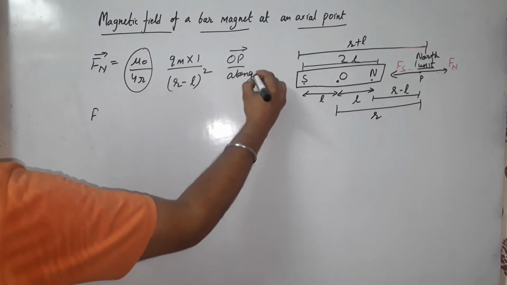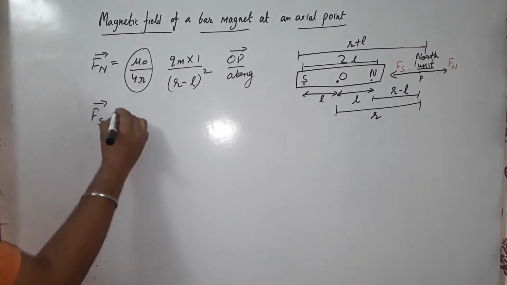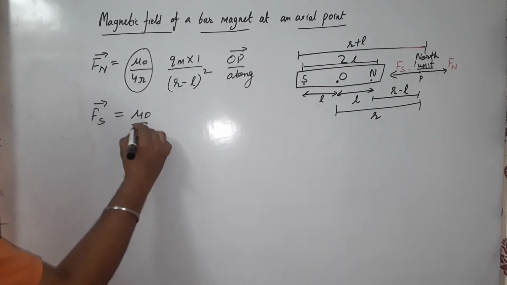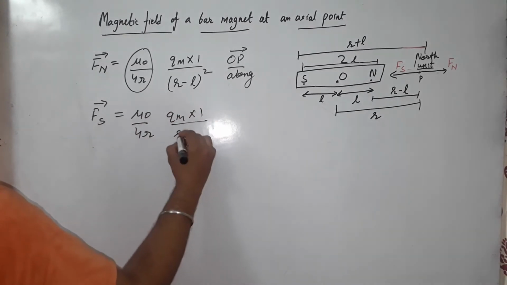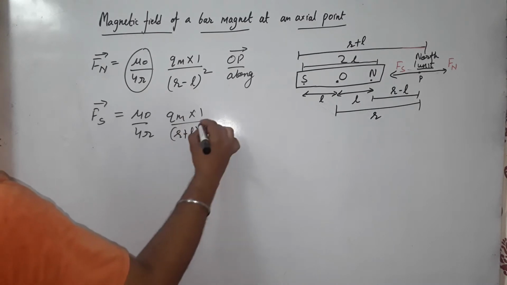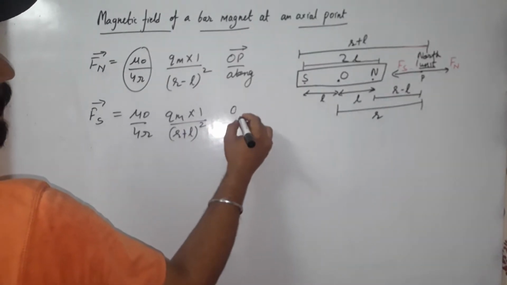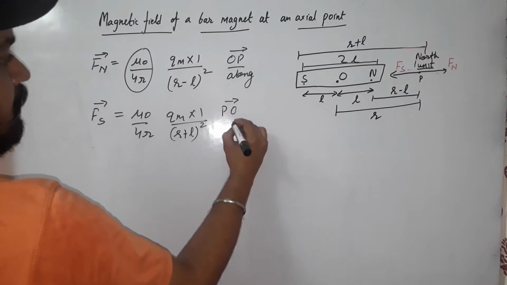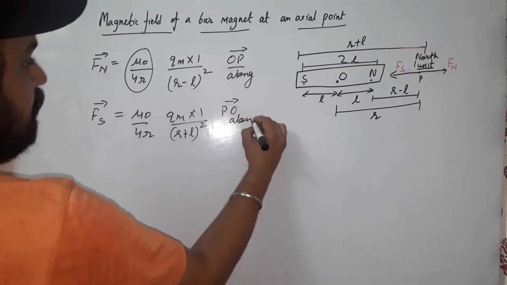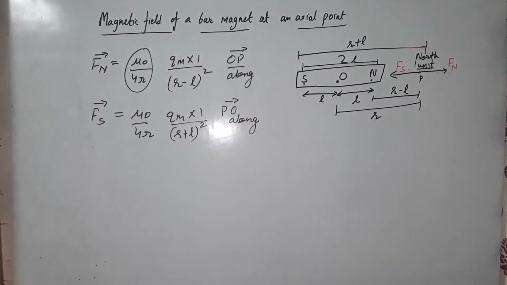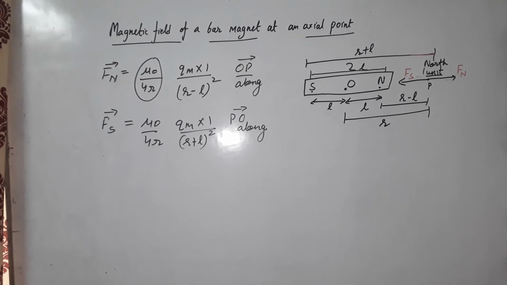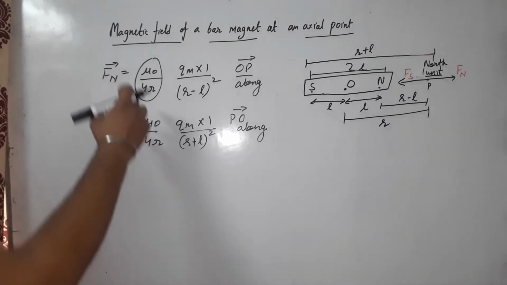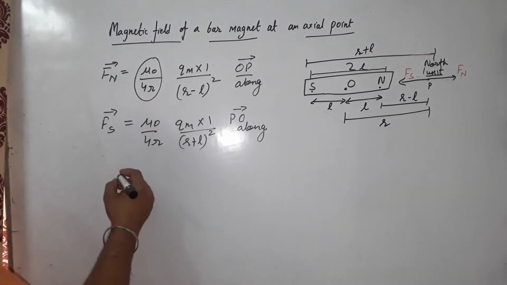And this is Fs, it is mu naught by 4 pi Qm into 1 upon r plus L the whole square. It is along PO. So these two are the values of the forces. Now after finding these two forces, we will have the net result.